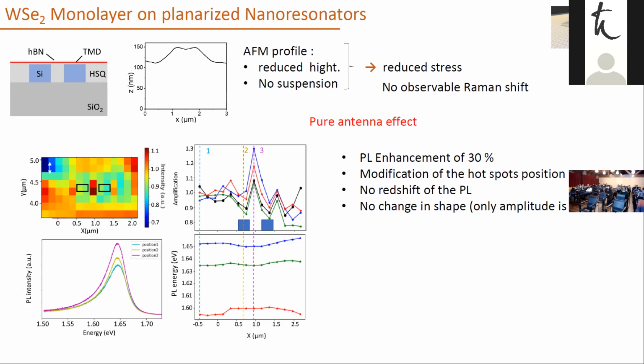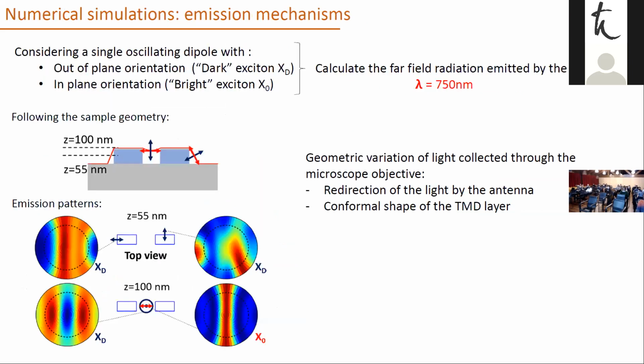So HSQ has a higher dielectric index than air. So we decreased the performance of the antenna on this system by trying to remove completely the strain.